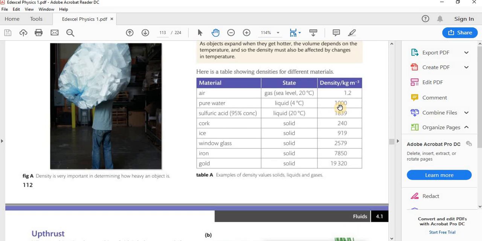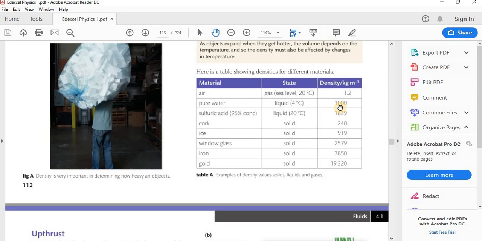Now generally what should happen is, when you go from a solid to a liquid to a gas, the density decreases. So a solid of the same material is denser than a liquid of the same material, and a gas of the same material is less dense than that same material in its liquid state.